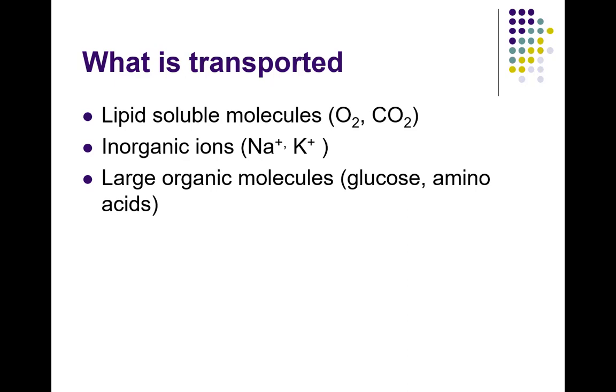They're going to have to use a protein channel to go from one side of the cell to the other. You can also have things like large organic molecules, glucose, amino acids. If you have something that's really big, too big to fit through a channel or a pore, it's going to have to use transports that change the shape of that plasma membrane.